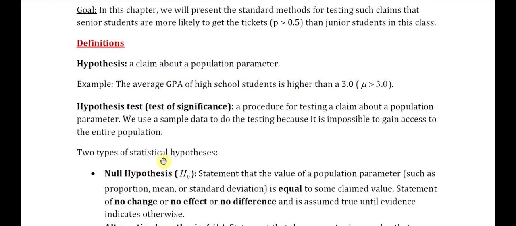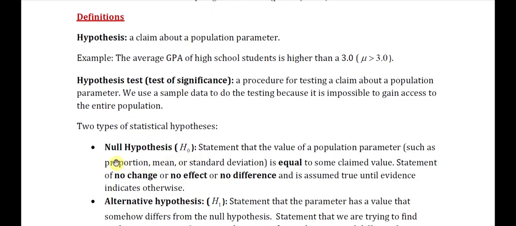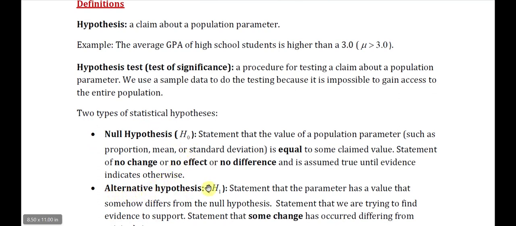There are two types of statistical hypotheses. The first one is called the null hypothesis, or H0, and the second one is the alternative hypothesis. H0 is the statement that the value of a population parameter, such as a proportion, mean, or standard deviation, is equal to some claimed value. This statement has no change, no effect, or no difference, and is assumed to be true until there is evidence to prove that it is not true.